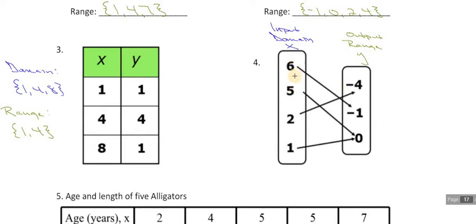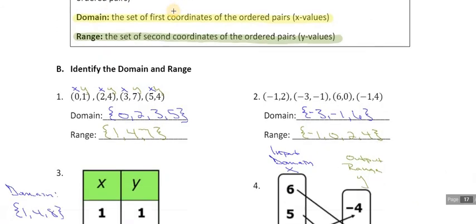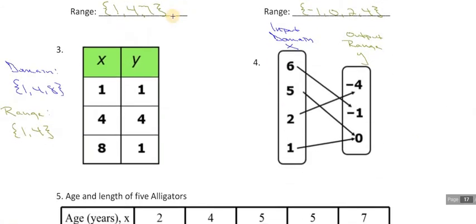So we just have the values listed in order, and we have lines drawn, as opposed to putting them with one another in terms of our different pairs within our relation. So our domain for number 4, if I go smallest to largest, we'll list 1, 2, 5, 6. That is a funky looking 6. And then for our range, we have -4, -1, and 0.